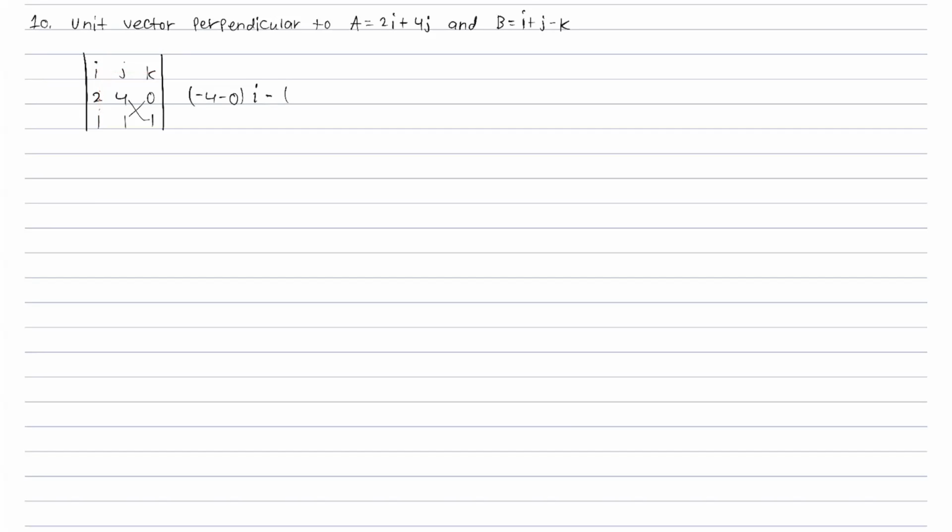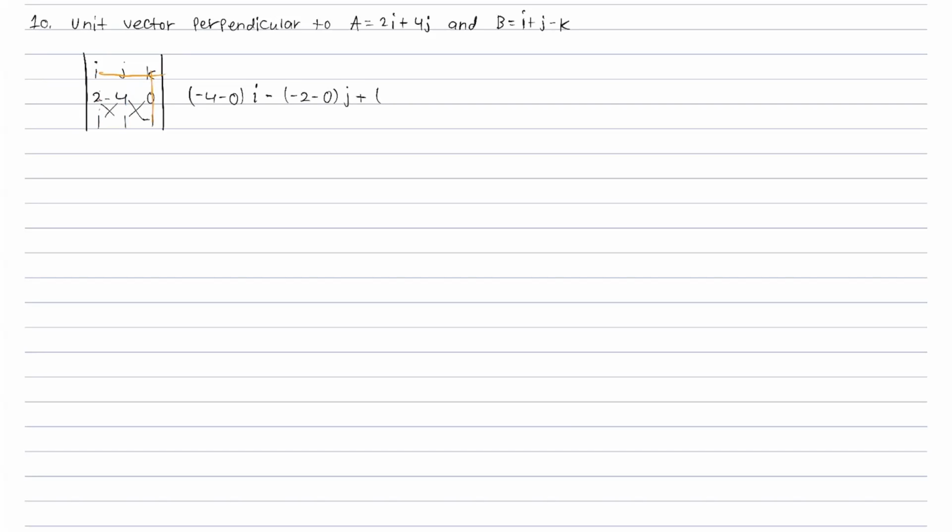So now we want to find our j component of this vector. We're going to cancel out the row and column associated with that j parameter. And again, we're going to solve that resultant 2 by 2 matrix. So it's going to be 2 times -1 minus 1 times 0. -2 minus 0. That should give us our j component. And then we're going to add the k component. So again, repeat the process, eliminate the row and column.